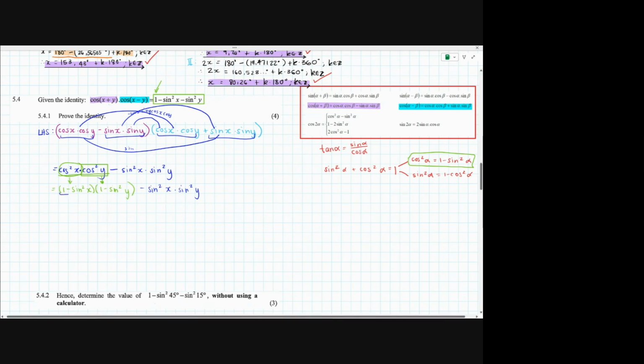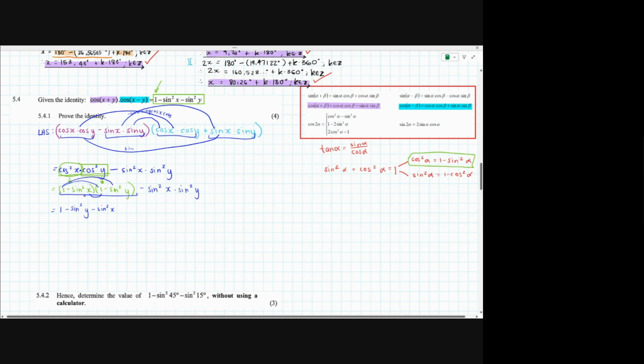So once again, I've got a binomial times a binomial here, so I'm going to have to expand that. 1 times 1 is 1. 1 times negative sine squared y is minus sine squared y. Minus sine squared x times 1 is minus sine squared x.